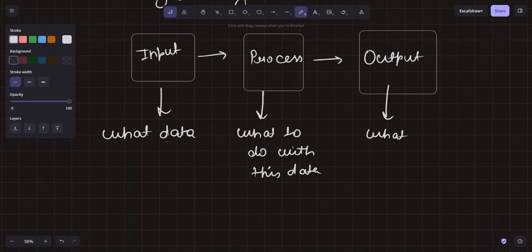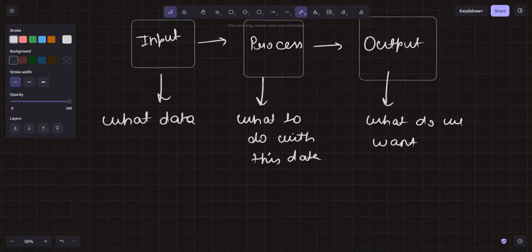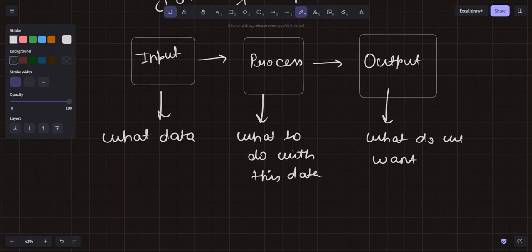What do we want at last? So this thinking applies to every problem you will ever face in your programming journey. Everything can be broken down into three simple parts: input, then how you are processing the data you are getting from the input, and the final thing is output.